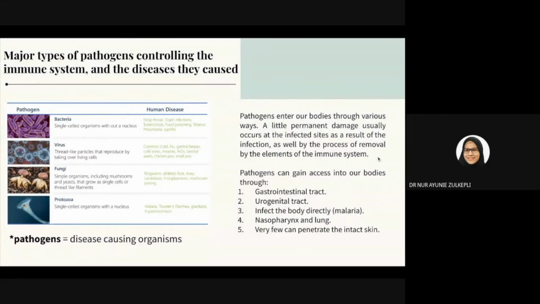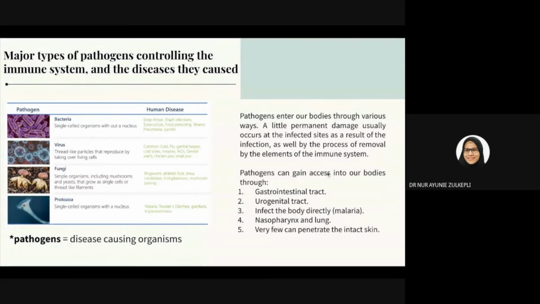So during the viral attack some harm to our body will occur, and also in the process of removing the pathogens from our body, sometimes we are hurting or harming ourselves. Okay, so we will learn about the mechanism later.